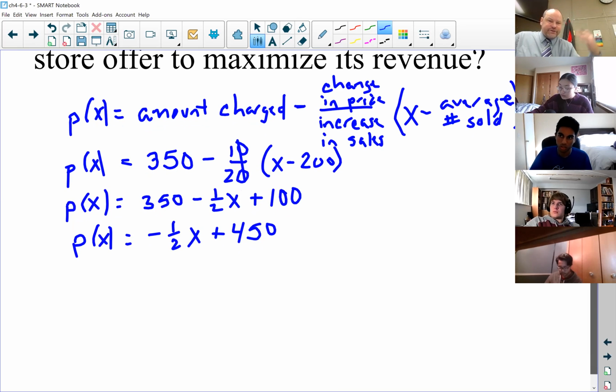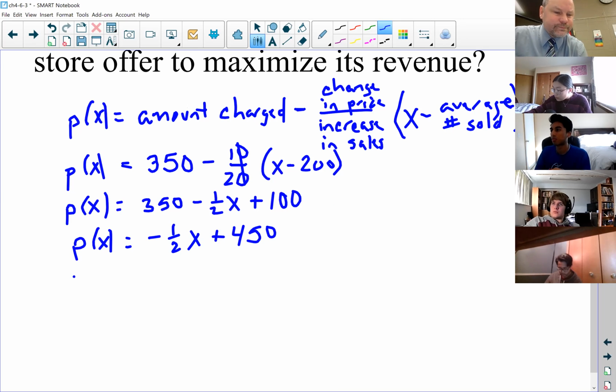So there's our demand function. That's the first thing we were asked to find. We were then asked to find the revenue function. And revenue is X times the demand function.